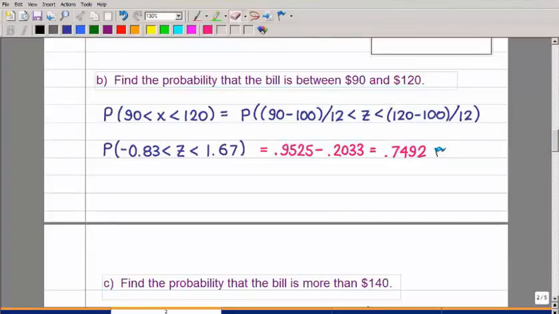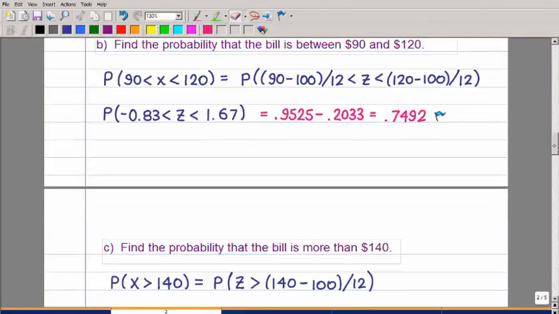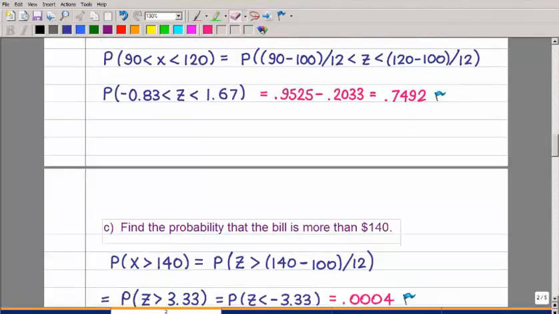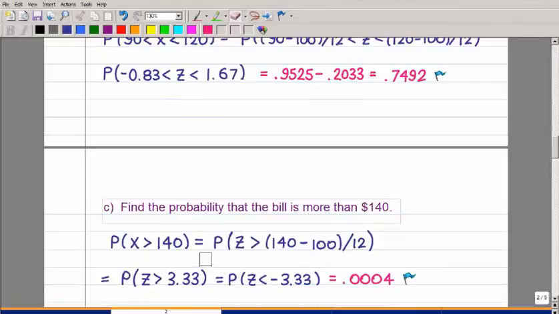Same data set. Find the probability that the bill is more than $140. More than, greater than, convert that to a Z. 140 minus 100 divided by 12 is 3.33. Greater than. I like flipping it over whenever it's greater than. You might prefer the 1 minus. Flip the arrow over to less than.